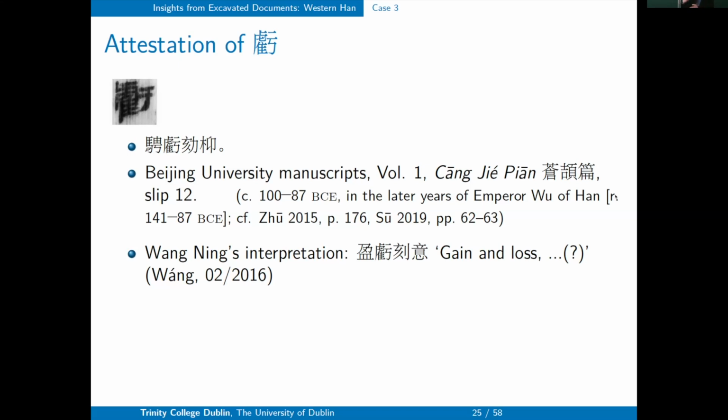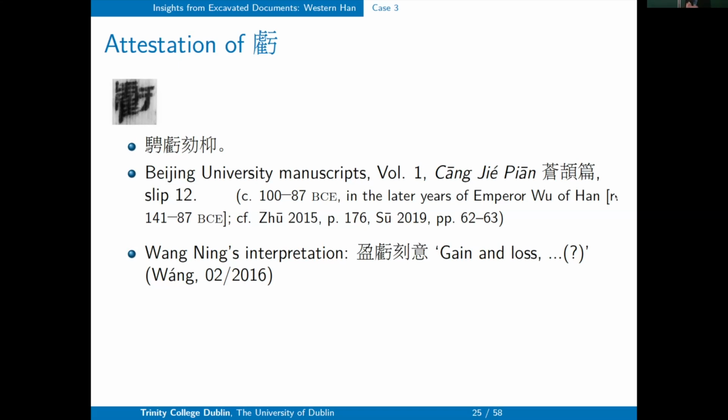You can find the right component is not kui, the simplified form, but the original yu. Also, Wang Ning interpreted this passage as 盈亏克义, so maybe gain and loss. And in his interpretation, this logograph writes this word, loss.